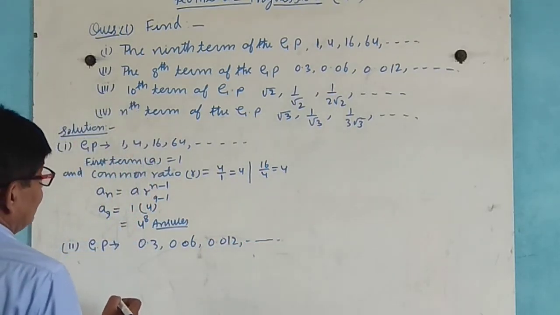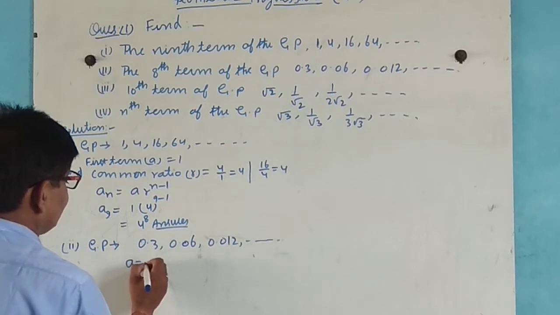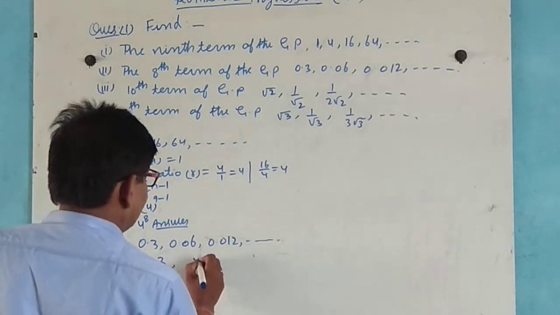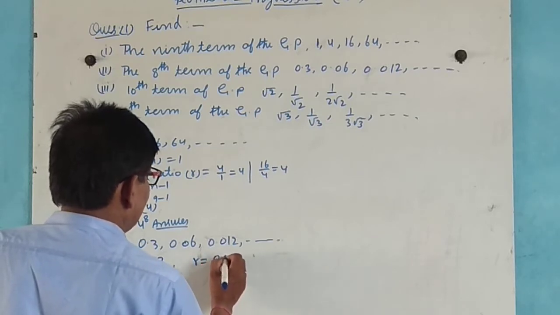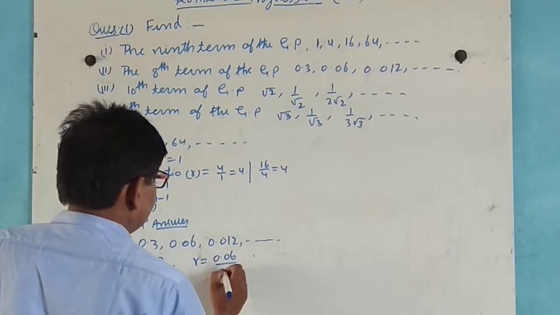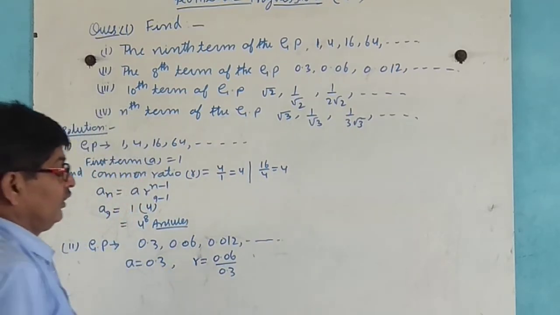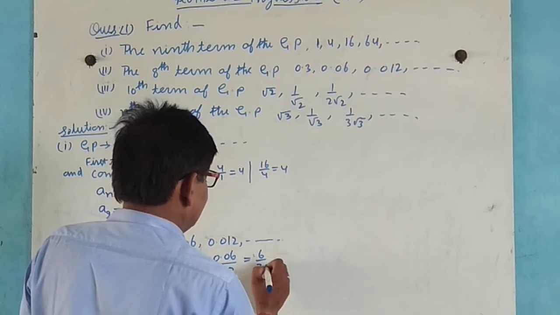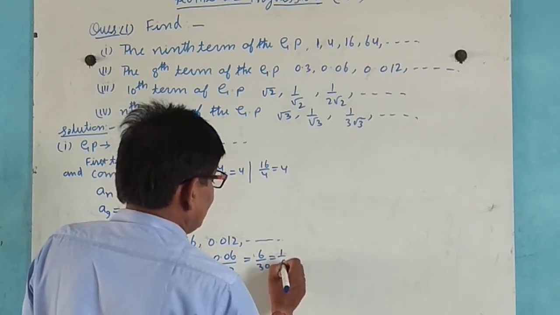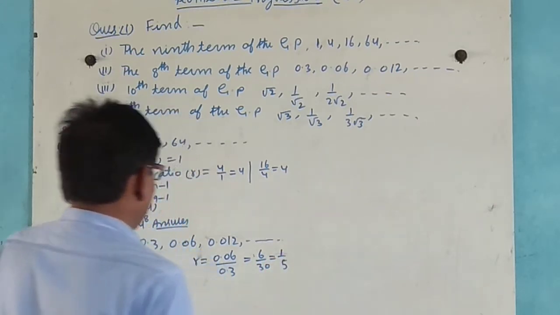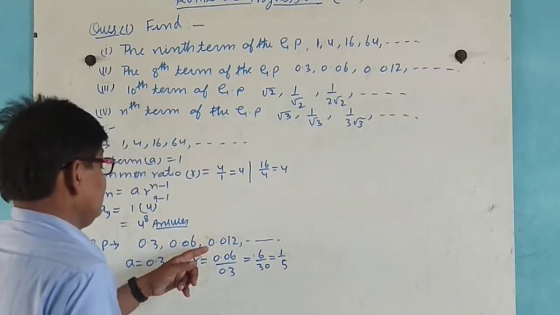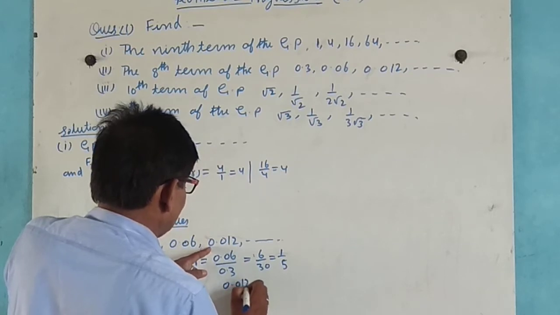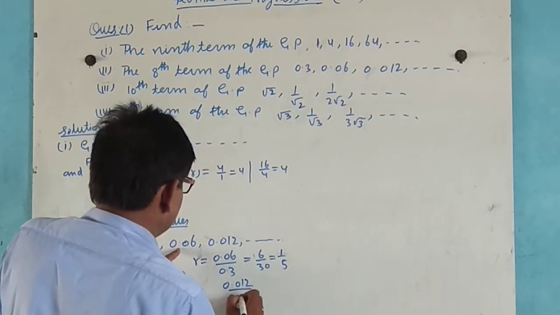In this case, the first term a is equal to 0.3 and r is equal to 0.06 by 0.3. This can be written as 6 by 30, which is equal to 1 by 5. Or we can say that we must divide 0.012 by 0.06.